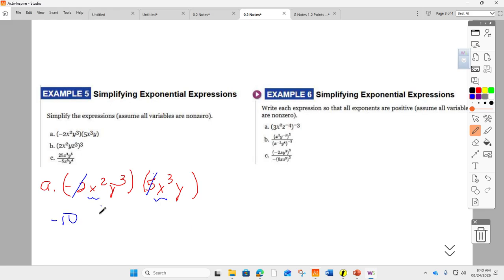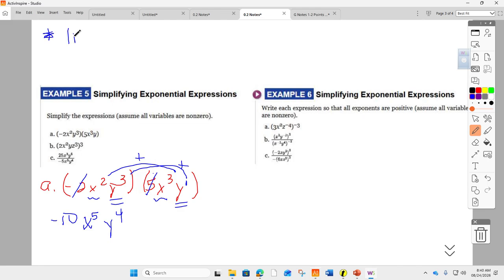So that's going to be x, so 2 plus 3, so x to the 5th power. Y, like bases of y to the 3rd power times y to the 1st power means that we can add those exponents, so it's y to the 4th.